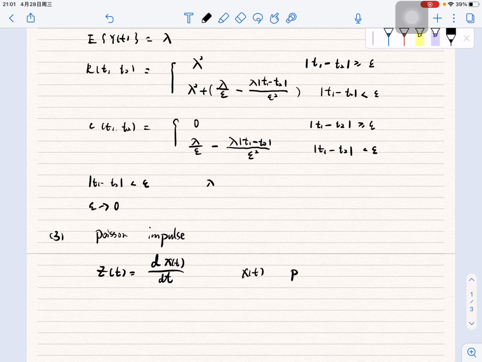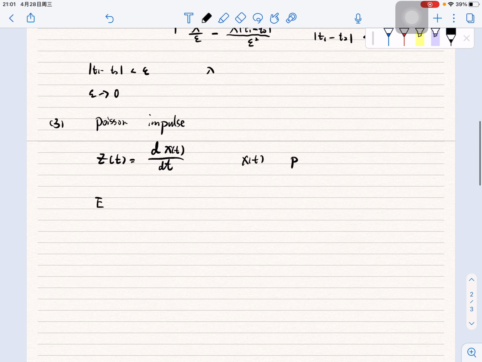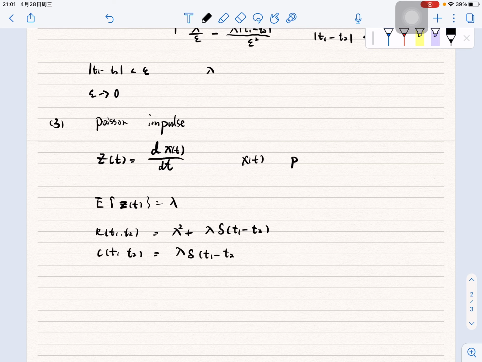It has no definition, and the mean, the expectation of Z(t), equals lambda. The autocorrelation R(t1, t2) equals lambda squared plus lambda delta(t1 minus t2). The autocovariance C(t1, t2) equals lambda delta(t1 minus t2).